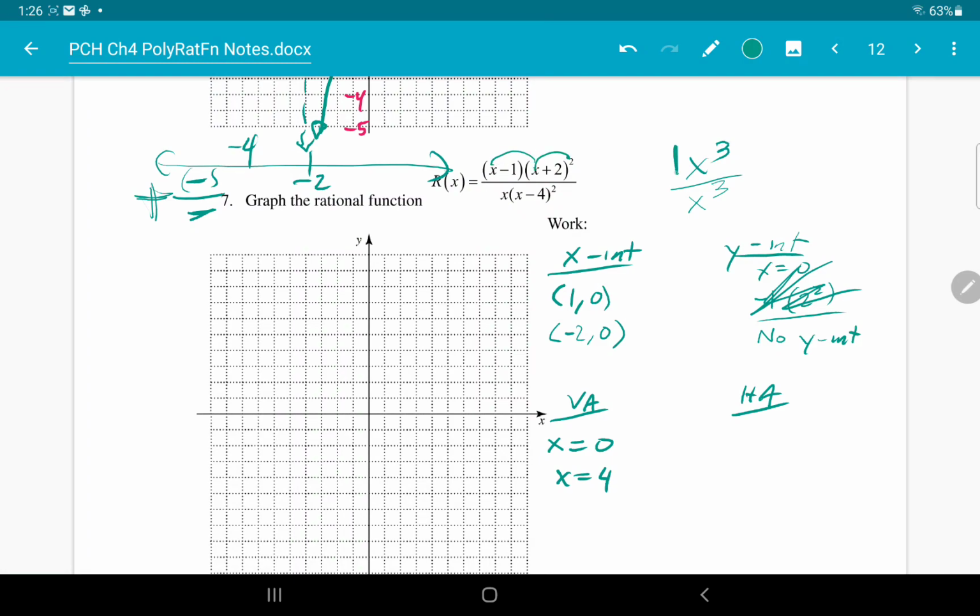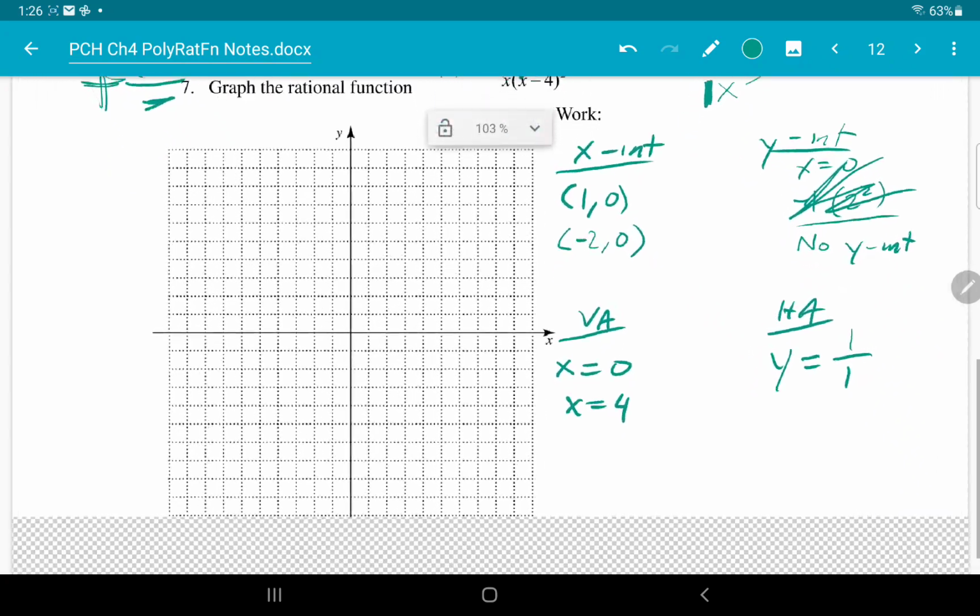You truly do get 1x cubed. And then x times x gives you x squared times an x. You truly do get 1x cubed again. So based on that, the horizontal asymptote is y equals the coefficient of the leading term on the numerator over the coefficient of the leading term on the denominator. So we get a horizontal asymptote at y equals 1.